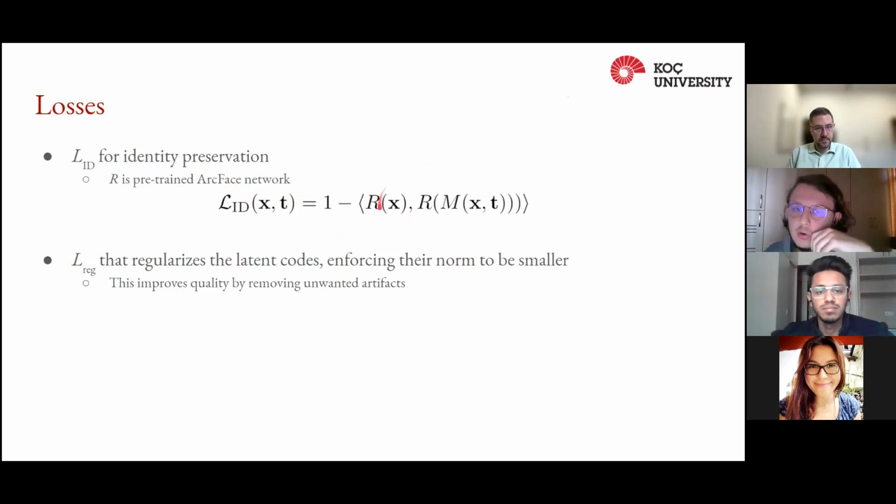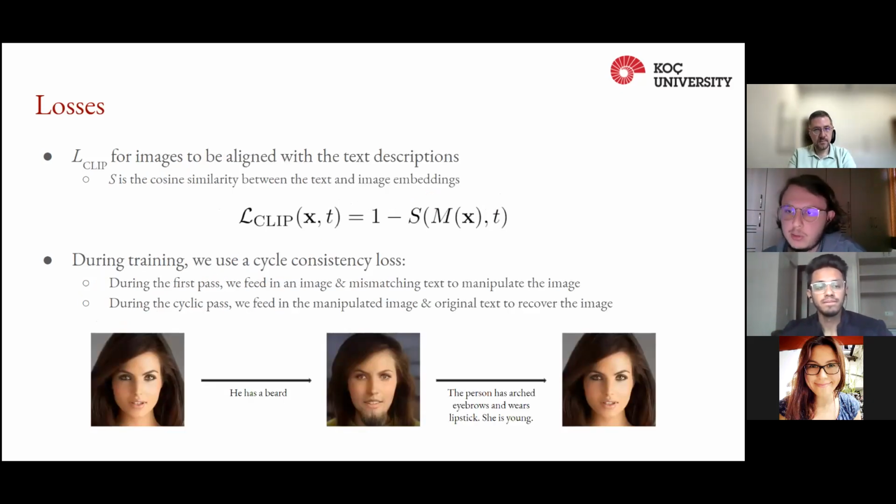We feed in our input image and the manipulated image to this, and we want to maximize the similarity, or equivalently, minimize the distance between these 2 images to keep the identity as much as possible. Then we have a simple regularization loss that regularizes the latent codes. This keeps their norm small, such that the quality of the generations is better. And then finally, and I guess most importantly, we have the CLIP loss. This loss is the main loss that enables us to do these manipulations.